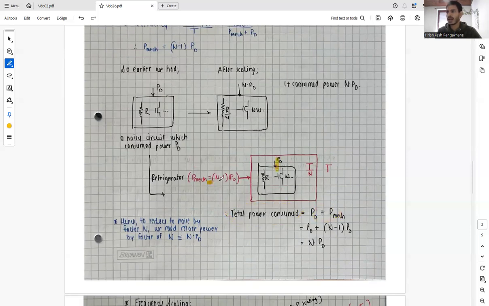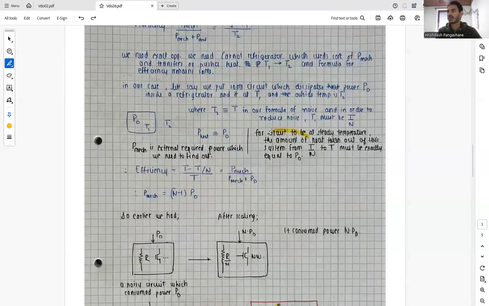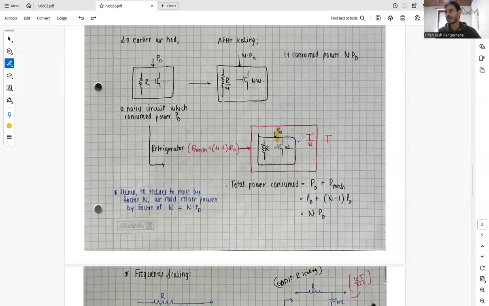So this is PD, and outside P mech, and we know P mech is nothing but N minus 1 times PD. And from here we know that for a circuit to be at a steady temperature, the amount of heat taken out of the system from T by N to T must be exactly equal to PD times N. That's what we implemented over here.